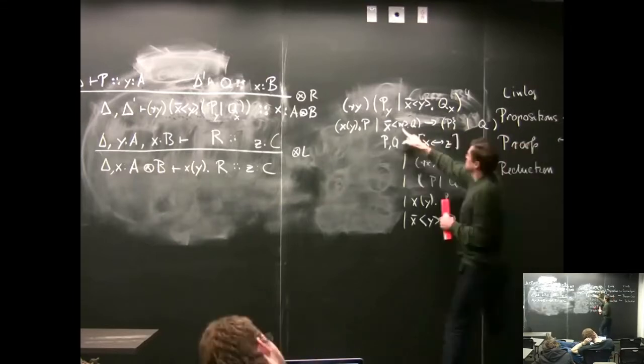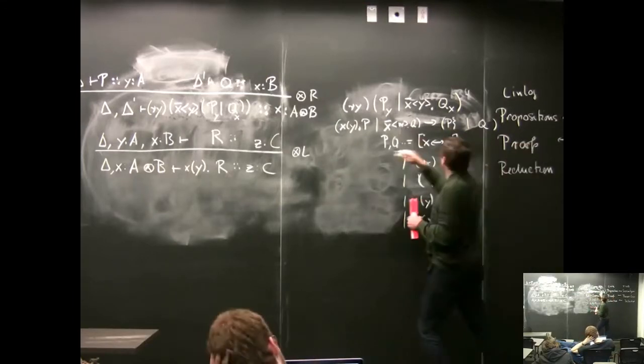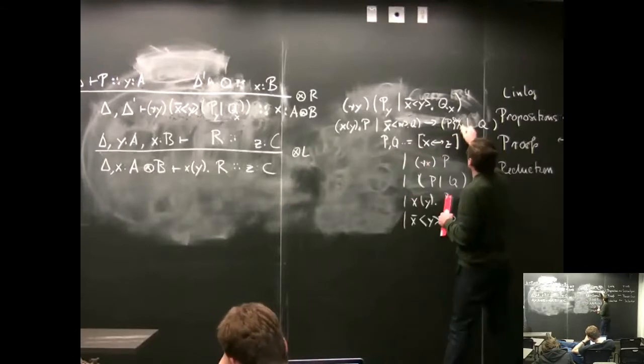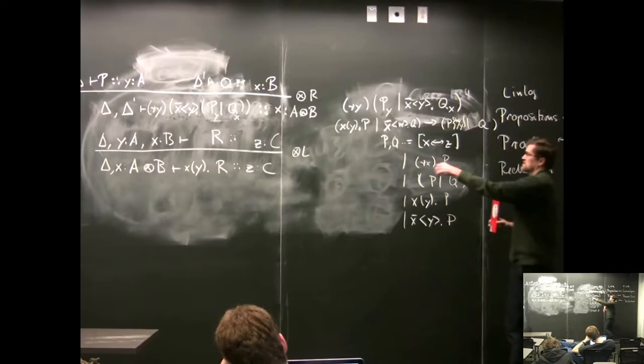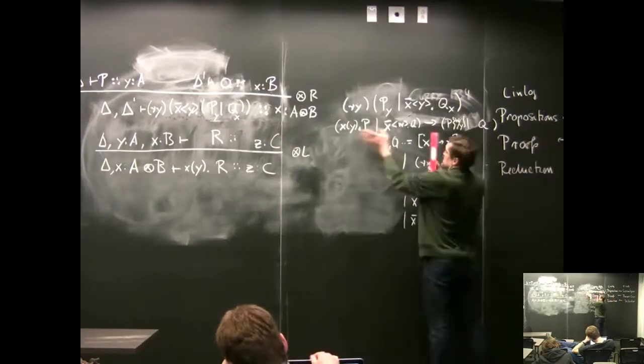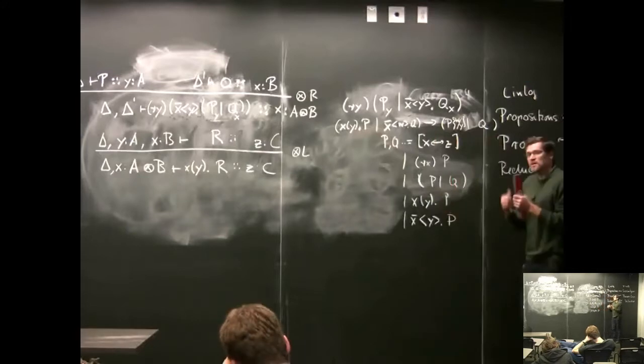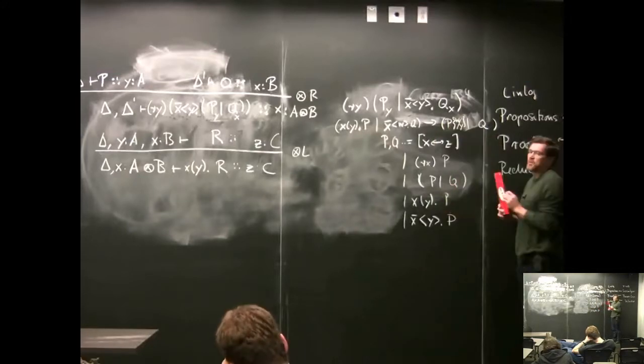We have to substitute the name w that I sent for the y, w for y. So this is synchronous in the sense that the input and the output have to happen in one step, and then P and Q both can continue.